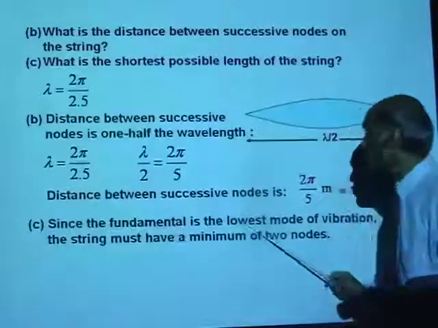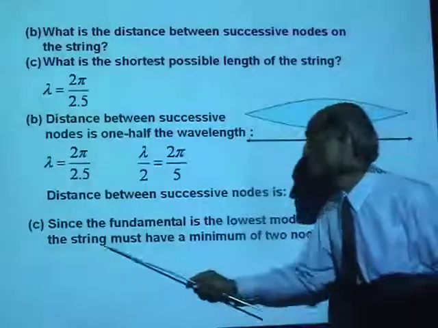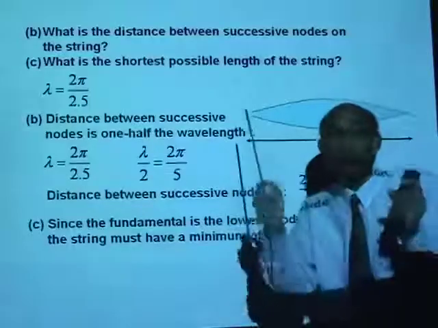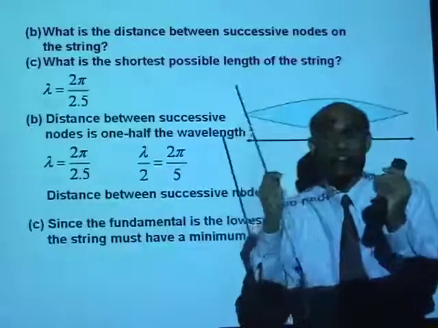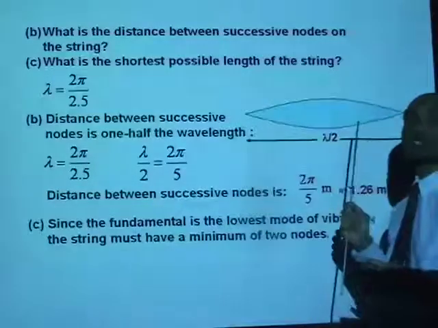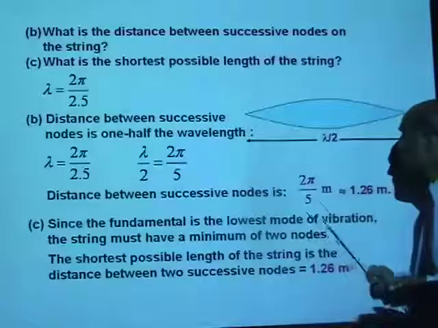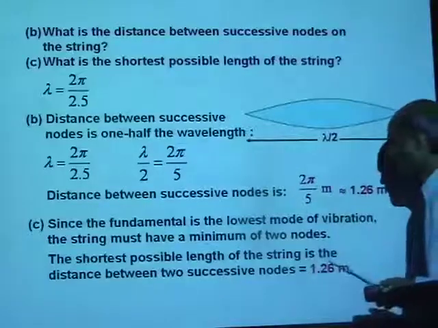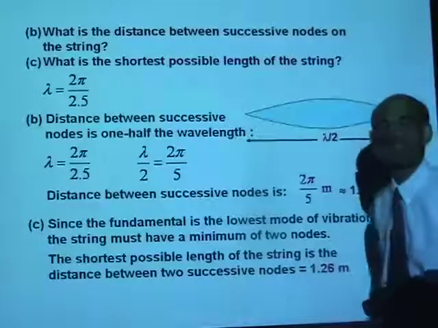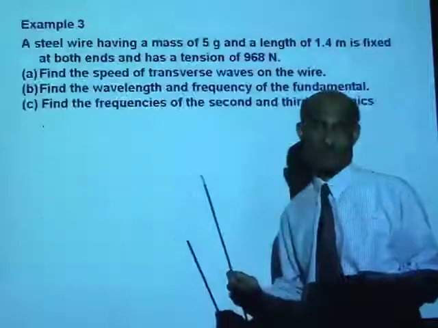Since the fundamental is the lowest mode of vibration, the string must have a minimum of 2 nodes when it vibrates. It cannot have anything less than that. So this is the shortest possible length of the string, which is 2 pi divided by 5. That is 1.26 meter. Okay? Let's do another one.